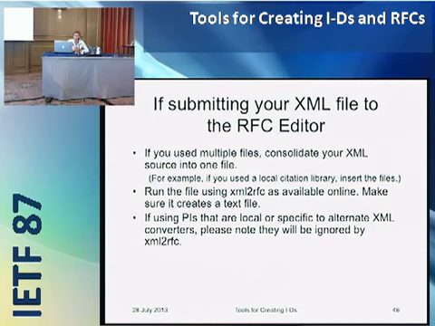Make sure it makes a text file. If you're using processing instructions that are local or specific to alternate XML converters, for example, you've made your own development, or you're using the XSLT, then you need to understand that XML to RFC is not going to know about those.